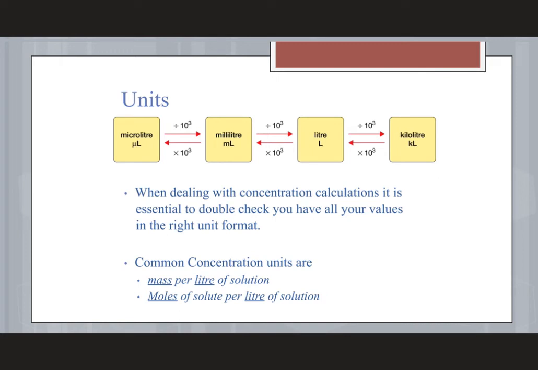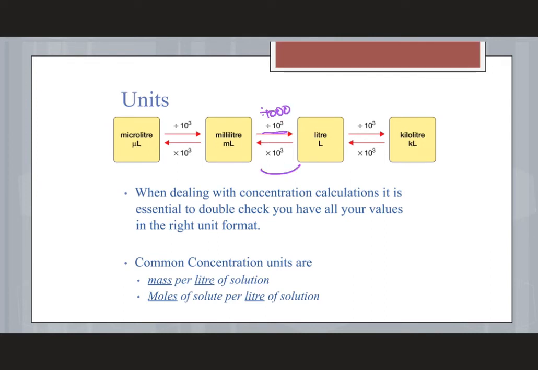So these are a revision of how we convert between units. One of the things that you're going to have to do is become comfortable with converting between different units of volume so that we can then convert between different units of concentration. Just a revision that if we want to go from milliliters to liters, where we're going from a smaller volume to a larger volume, we're going to divide by 10 to the 3, which is the same as dividing by 1,000.